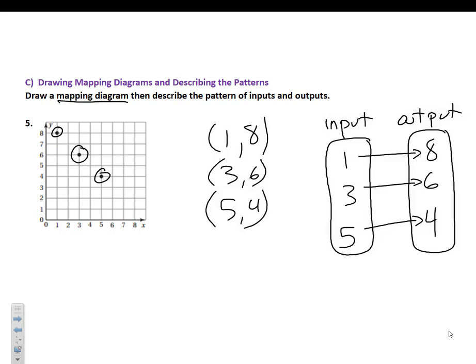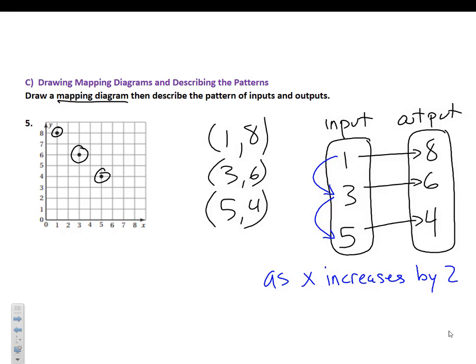And now I'm going to describe the pattern of the inputs and the outputs. So let's look at our inputs first. I see in my inputs that I go from 1 to 3 to 5. That means it's increasing. So as x increases by 2, I can see it's going up by 2 from 1 to 3 to 5. Let's see what's happening with our output.